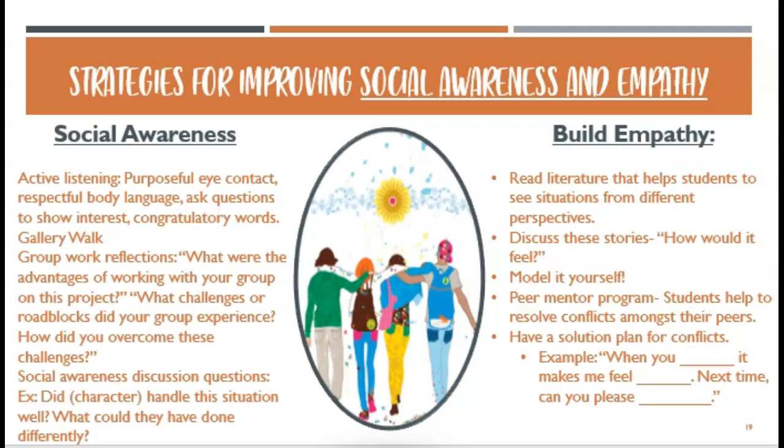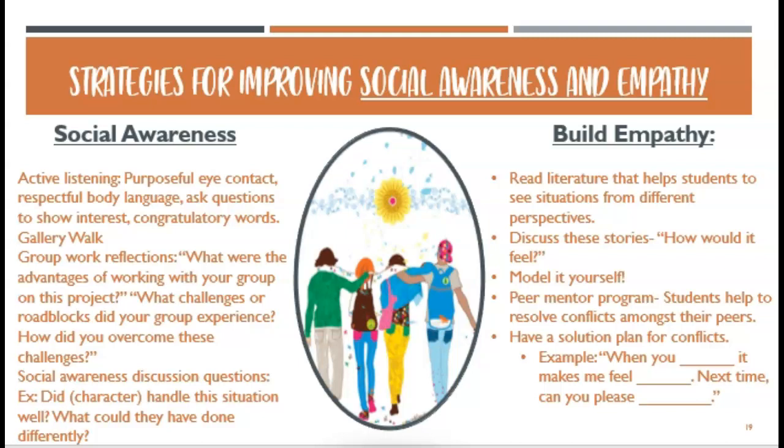Now, another big key component with social and emotional learning is social awareness and empathy. Okay, how can we make our students more socially aware and more empathetic? Okay, we want to make sure that we are actively listening. We are modeling things like purposeful eye contact with our students.